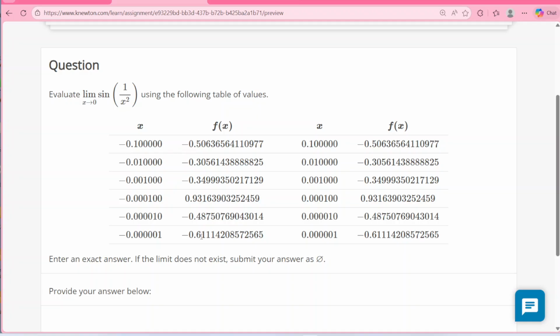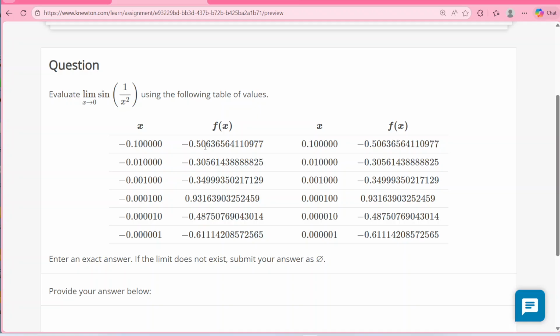Now this one is a little deceiving. So look at the table. You see in this table, on the left part of the table, the values of x are -0.1, -0.01, -0.001, right? The value of x is getting closer and closer to 0, but on the negative side of 0, to the left of 0.